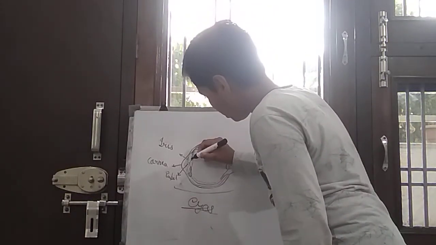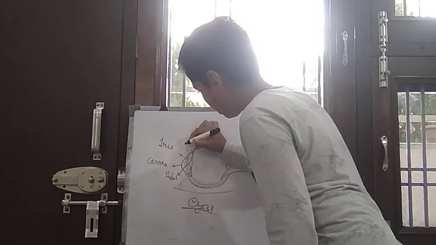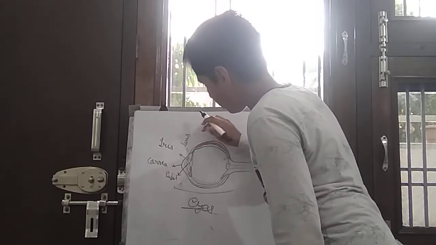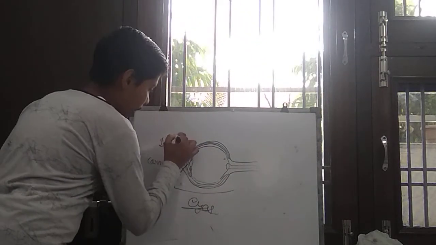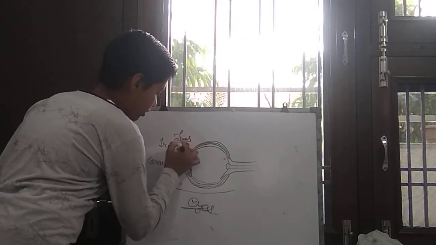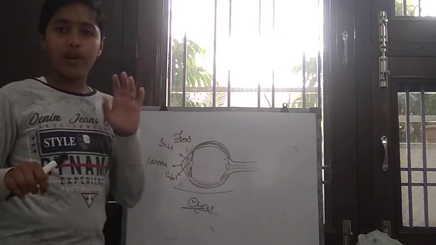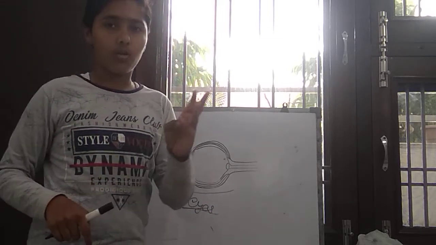After it, friends, this is the lens. Eye lens. There are two types of lens in the world: convex and concave.